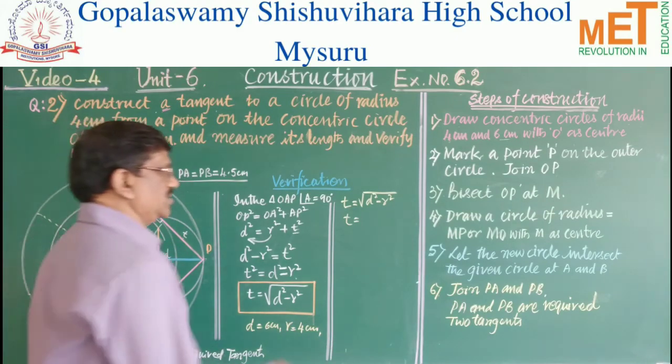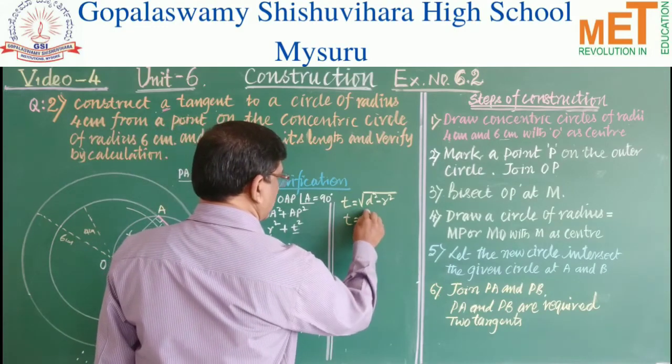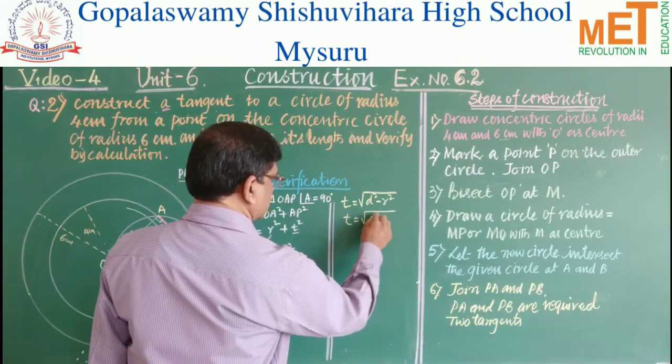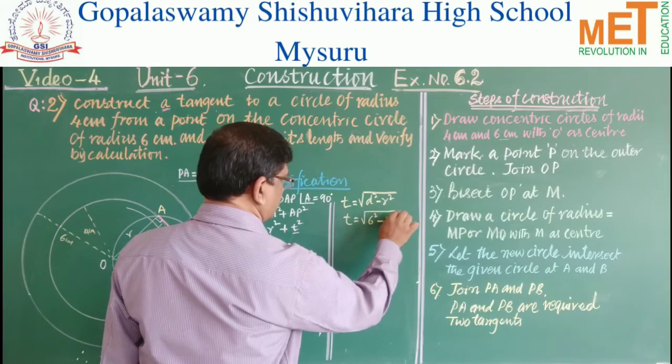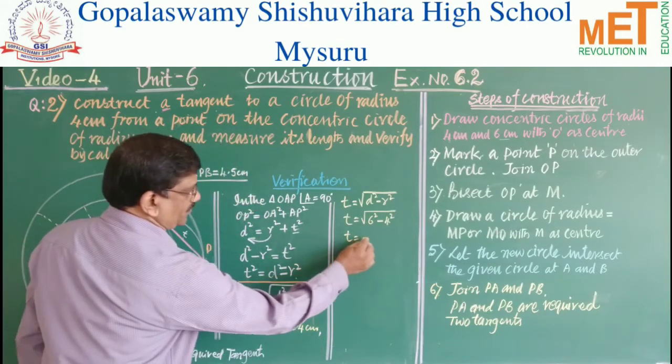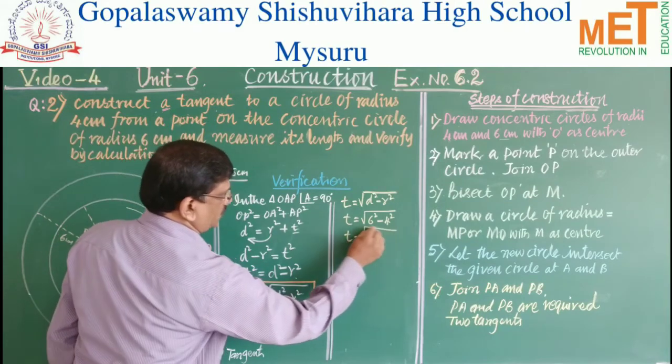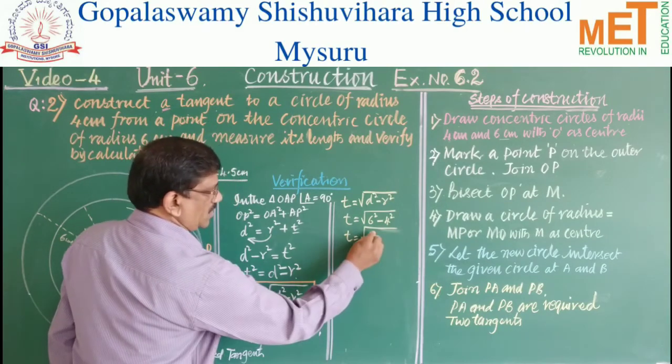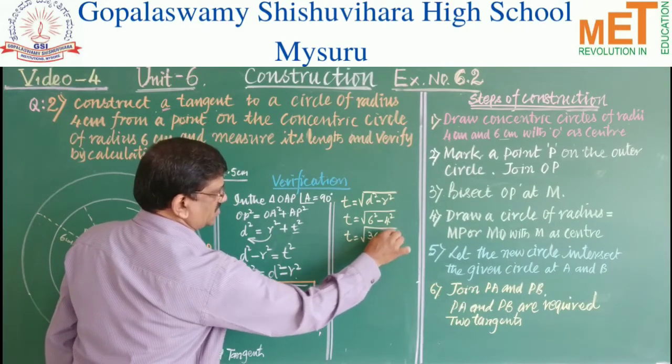So square root of 6 square minus 4 square, that is T is equal to square root of 36 minus 16.